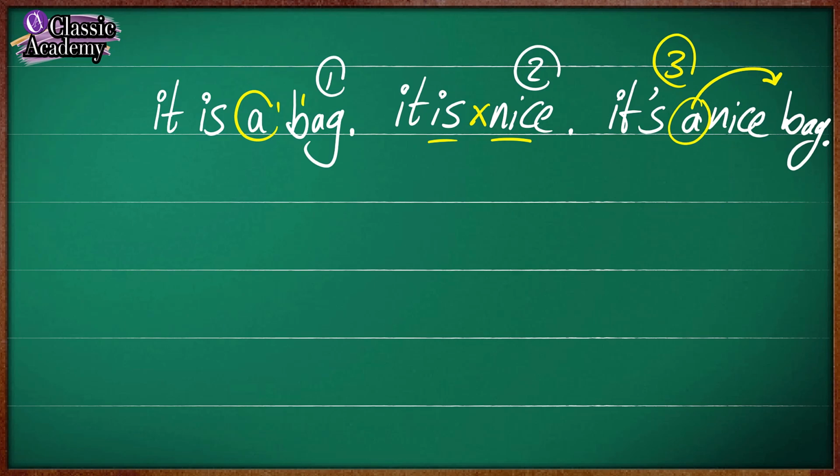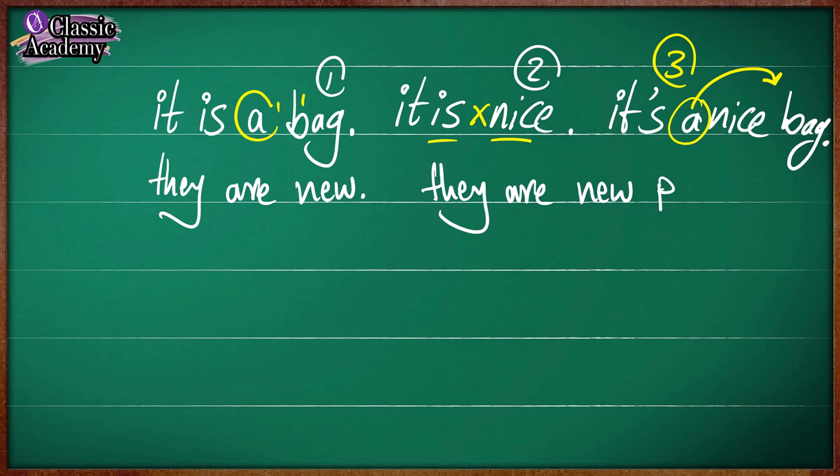Look at another example. They are new. They are new pens. This is very important. When we use an adjective, we do not need a or an at all, because we cannot count adjectives. They are new pens.